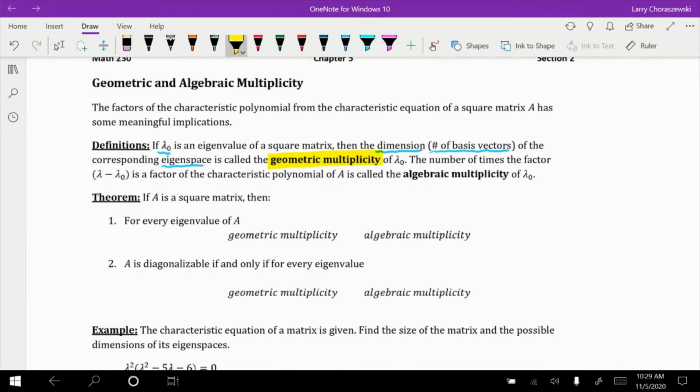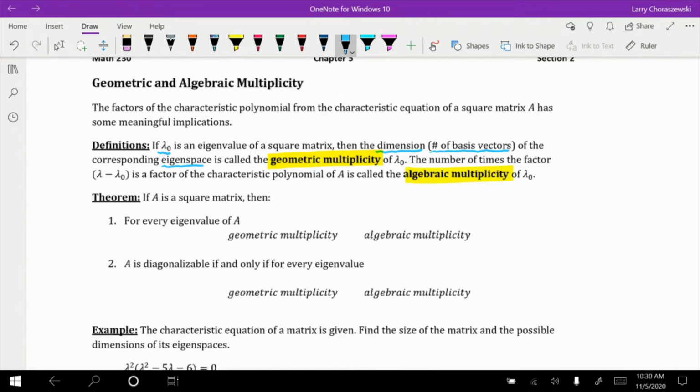Okay, so geometric multiplicity refers to the dimension of the eigenspace associated with the eigenvalue. You'll probably hear me say it as geomult, though, so short for geometric multiplicity. The number of times that the factor lambda minus lambda sub 0 is a factor of the characteristic polynomial is called the algebraic multiplicity.